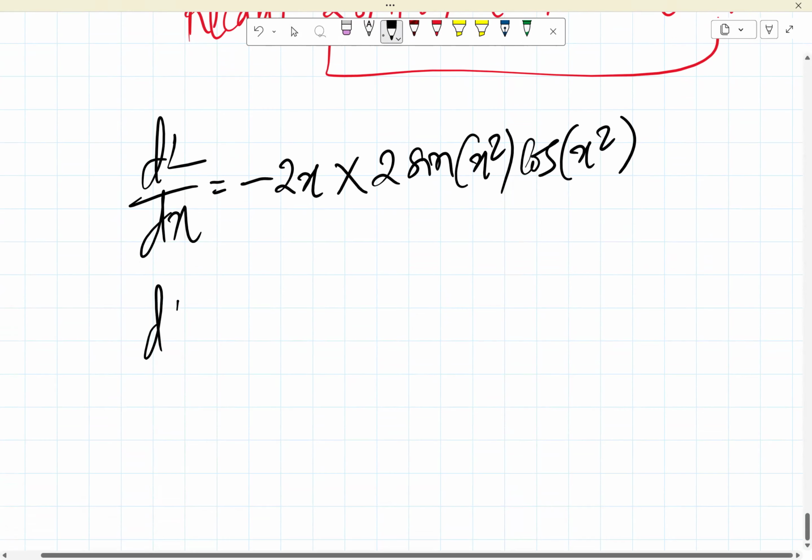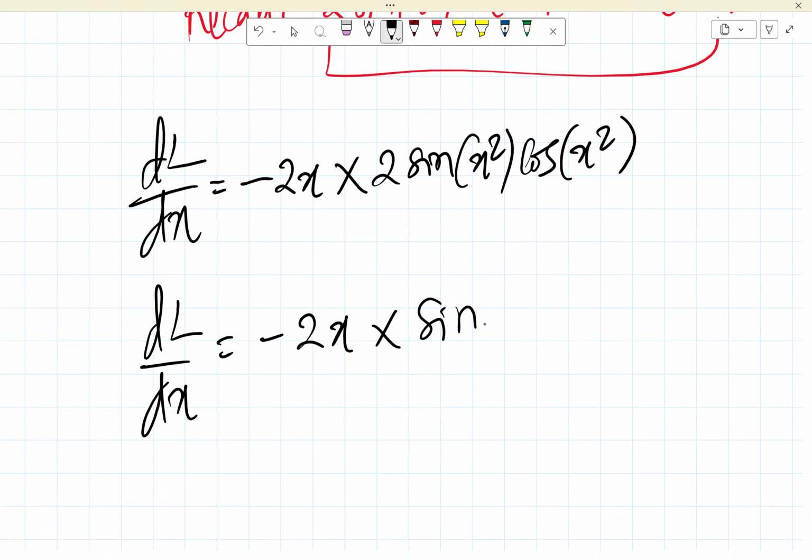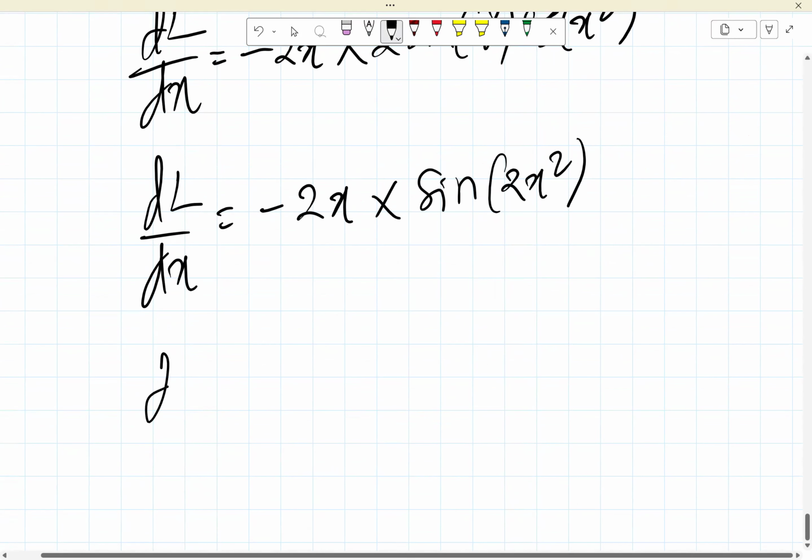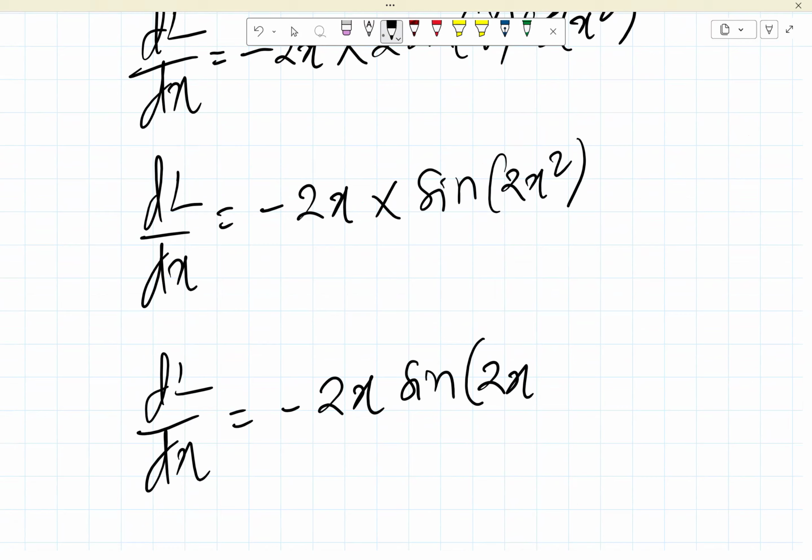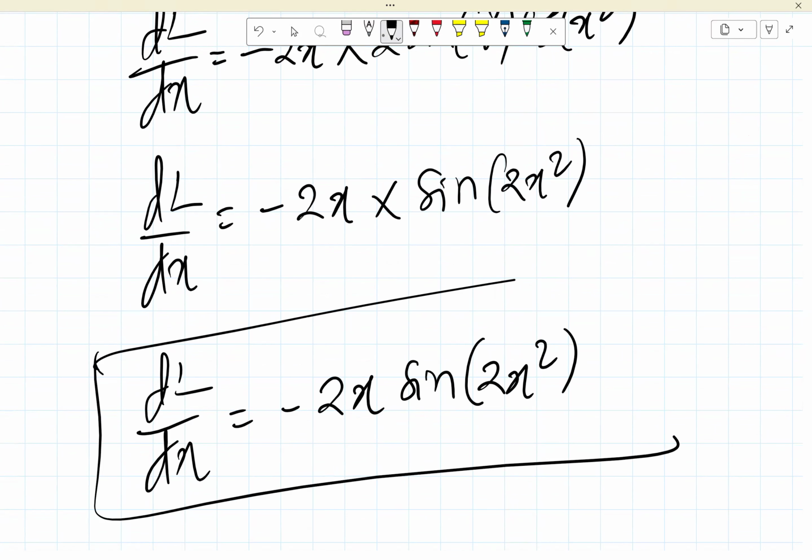The whole of this is simply sine 2x squared. So dL/dx finally is equal to minus 2x sine 2x squared. And that is the result for problem 17.